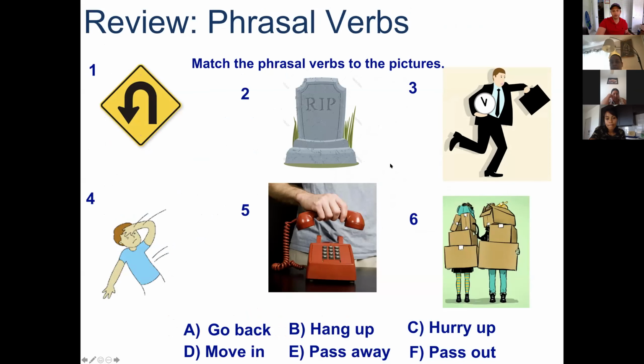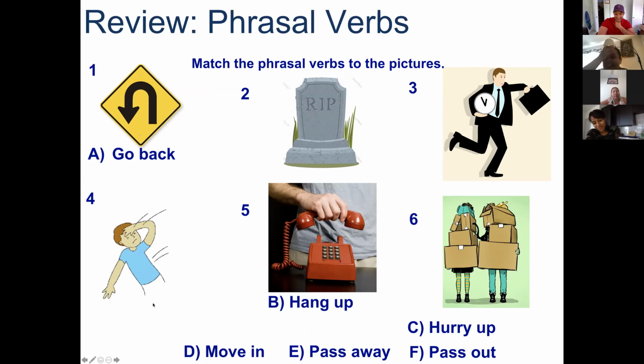Let's see here. Number 1. What is the correct phrasal verb from down here that goes with number 1? To go back. Yeah. What about number 2? To pass away. Yeah. Oh, I see.